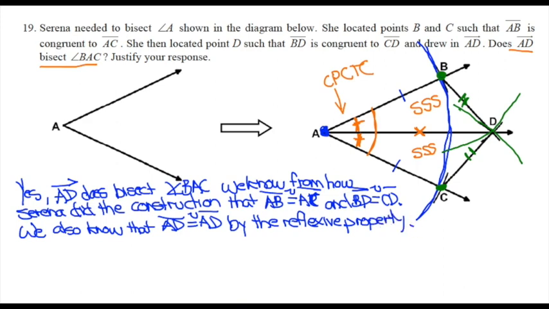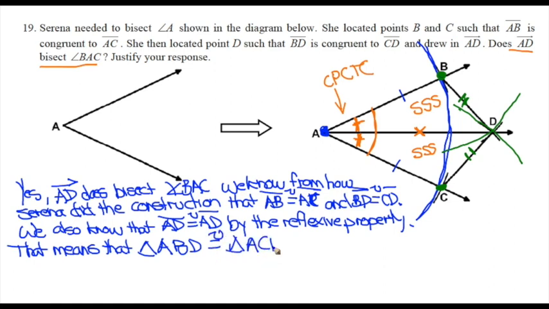That means that these two triangles are congruent by SSS.